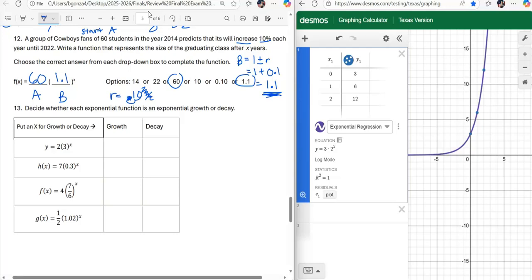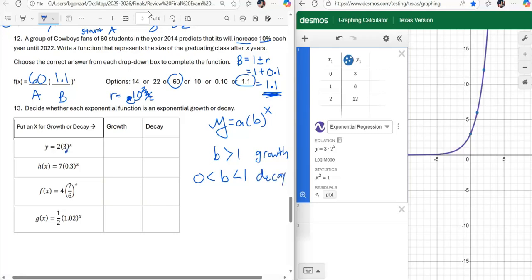Now decide whether your exponential function is an exponential growth or decay. Okay, here's what you do. Y equals A times B to the X. If B is greater than 1, it is growth. If B is between 0 and 1, it's decay.